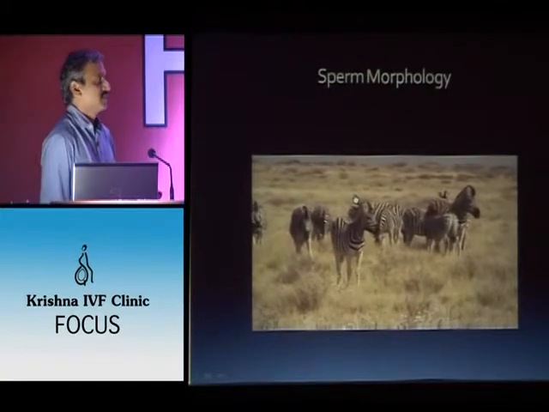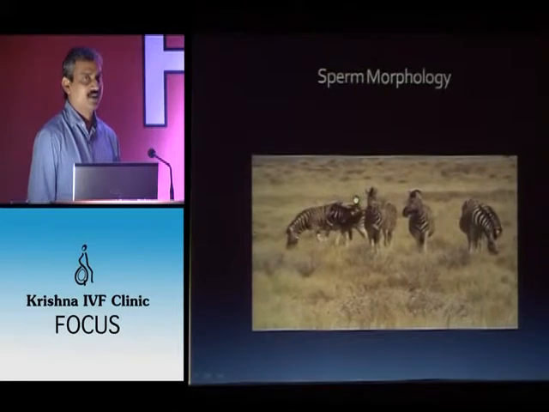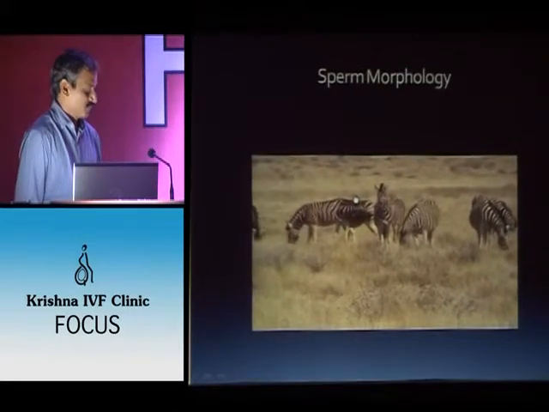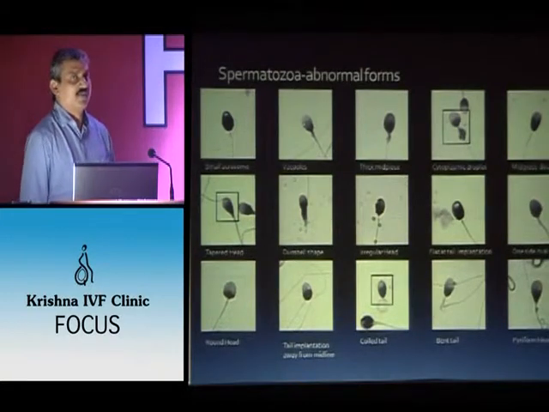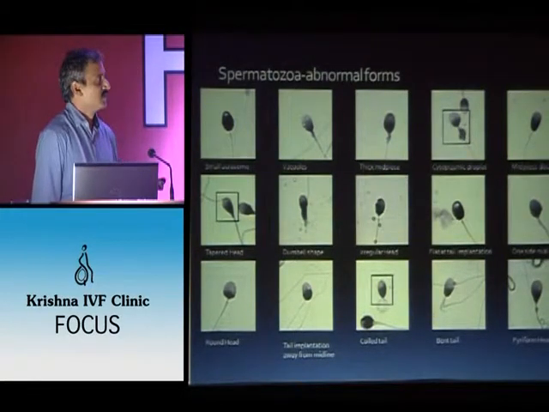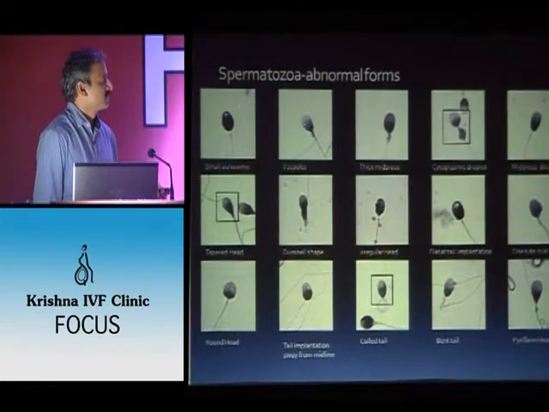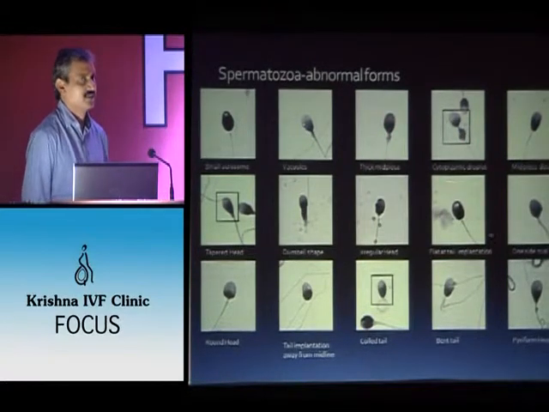They identify the mother zebra based on the color stripe pattern, and they remember it in their lifetime. Similarly, if you are well aware of the abnormalities, we also never make mistakes. You can easily identify small acrosome, vacuolation, thick midpiece, cytoplasmic droplet, and other abnormalities. We can easily make them out.